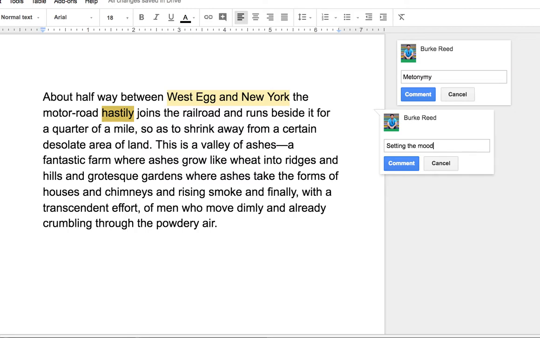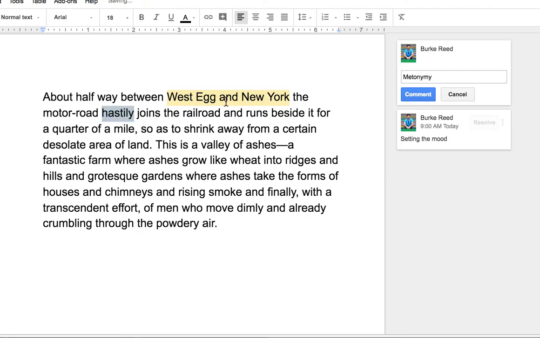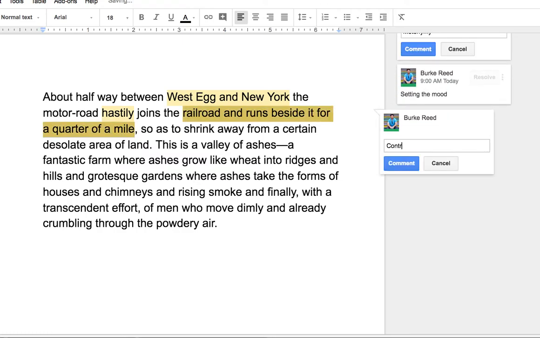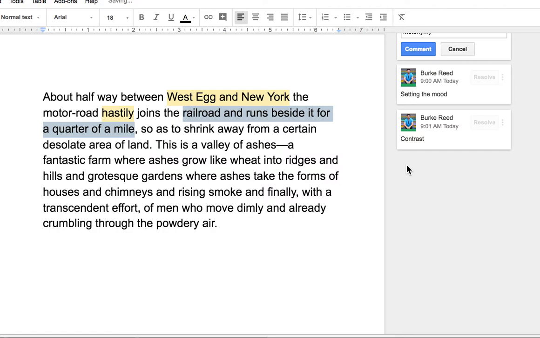Here, we also have an example, not so much of the literal term of parallelism, but it creates a sense of imagery of parallelism because we have this railroad and this mile. So there's a bit of a contrast in this pretty desolate space here.